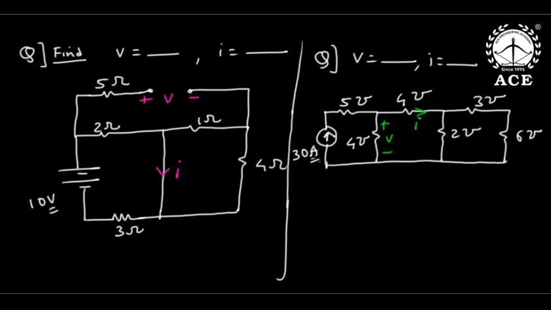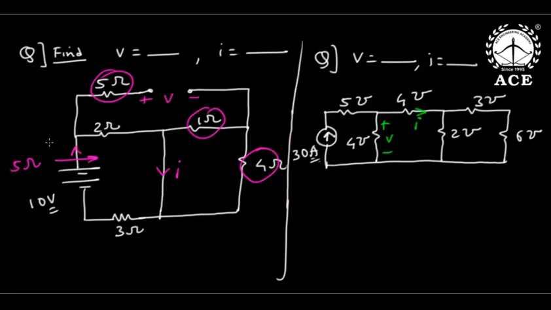Now, what is V, what is I? I need the open circuit voltage and short circuit current. Listen everybody. The only resistance seen by this is 5 ohms only. Why? Because a short circuit in parallel with a passive element won't work, and an open circuit in series with a passive element also won't work. So the total resistance seen by 10 is only 5. The current delivered is 10 by 5, which is 2, so I is 2 amperes.